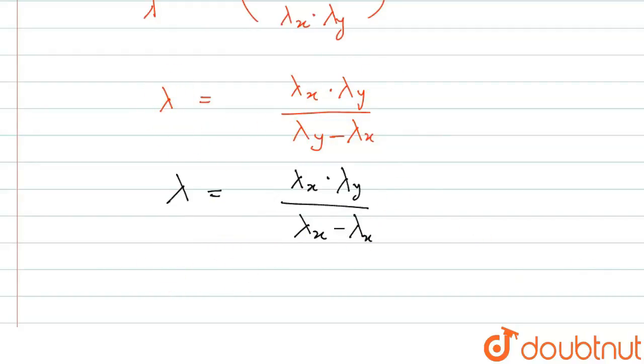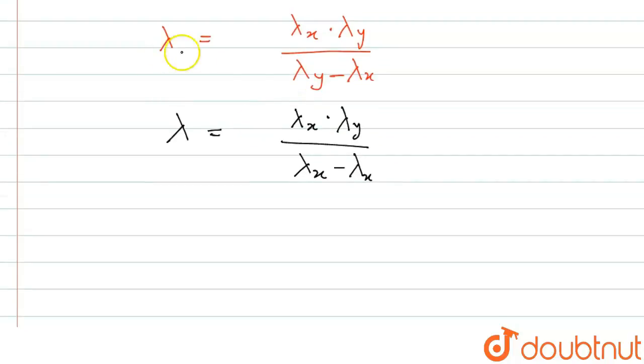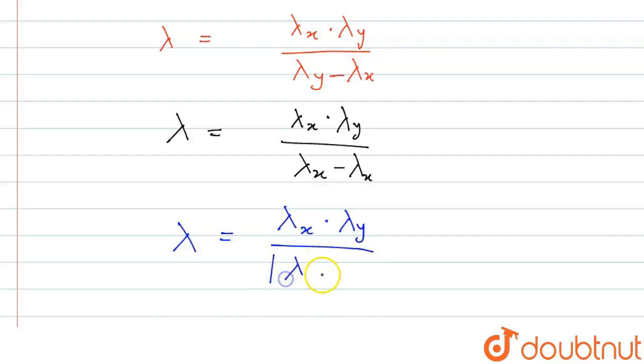Because this is the difference only and we have to make the sign positive, we can write lambda equal to lambda x into lambda y divided by mod of lambda x minus lambda y.